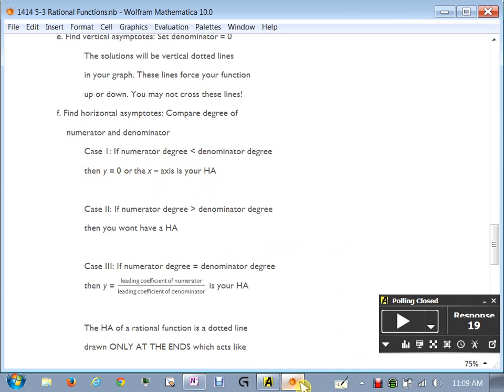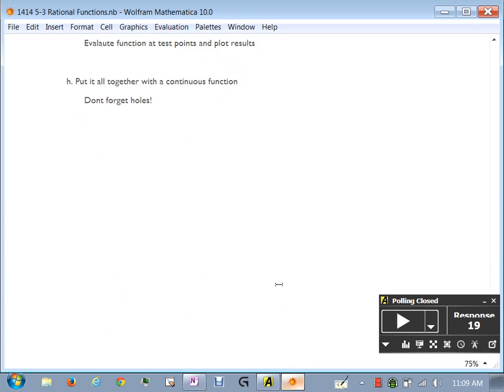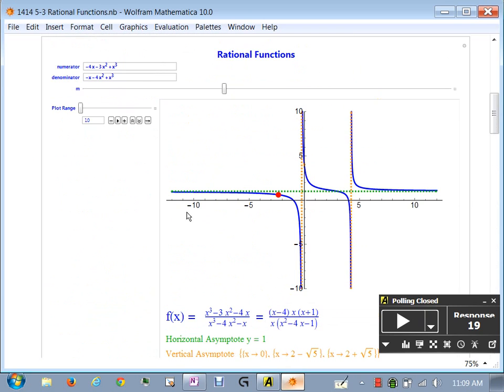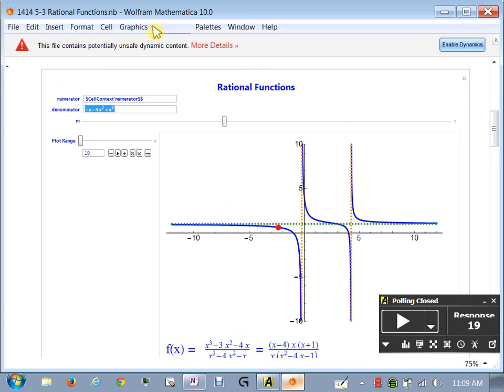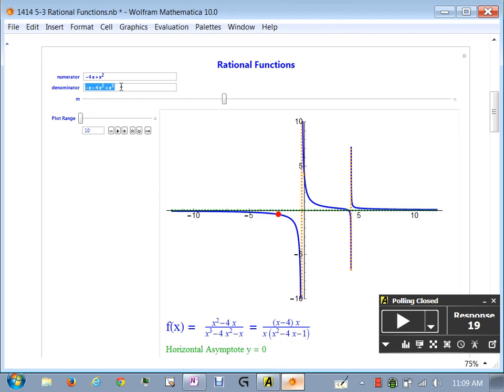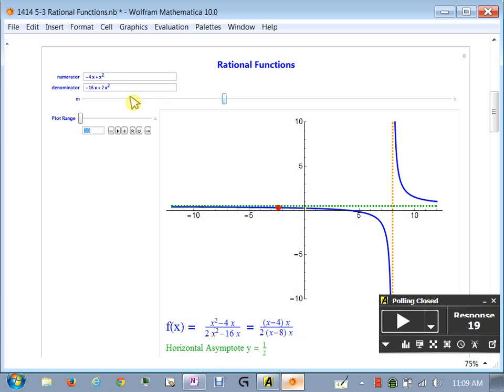Now I showed you these last class. Let me see. What was it? X squared minus 4x over 2x squared minus 16x. This was what our graph looked like. This is what our graph at the end should look like.